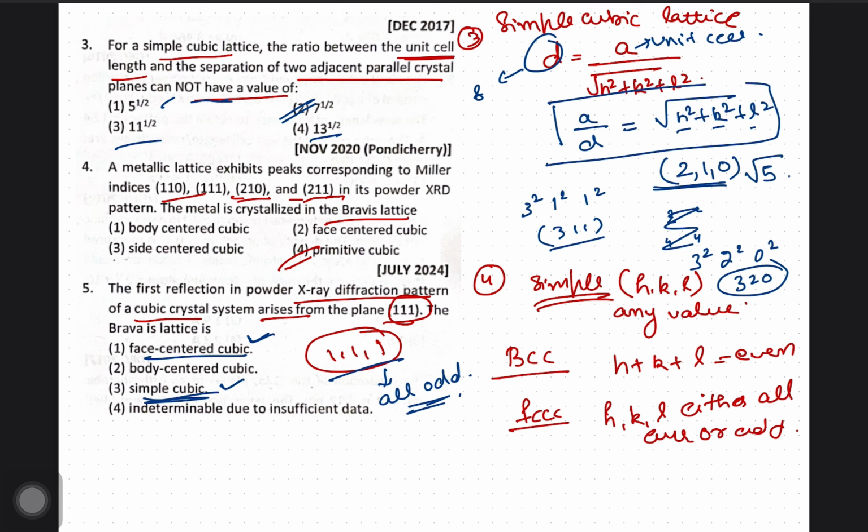But the answer is 1, but I think some more values of Miller indices should have been given. So the fourth can be the correct answer, but in the answer key the answer is 1. So you have to take the preference: firstly you should go for FCC or BCC, then at last you can go for the simple cubic. You can check for the simple cubic.